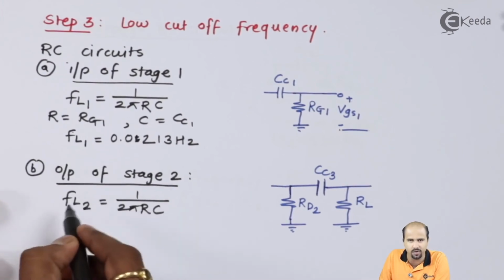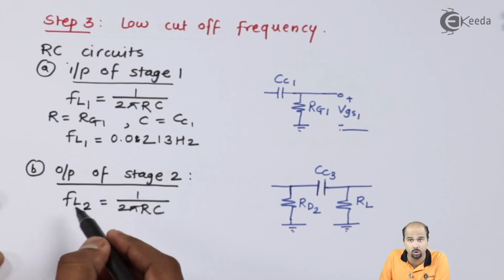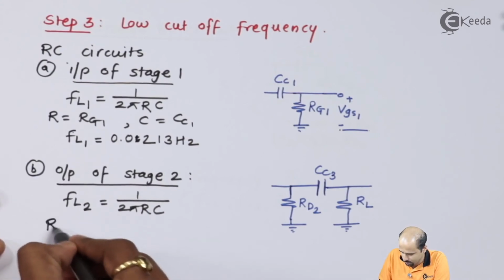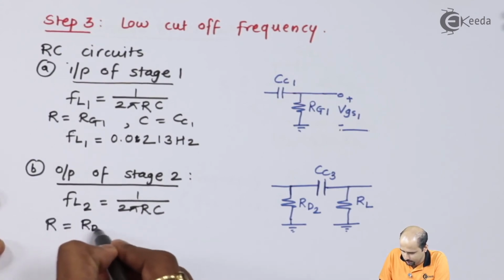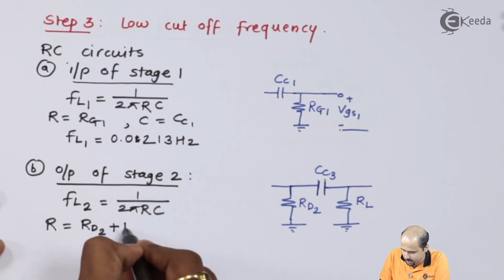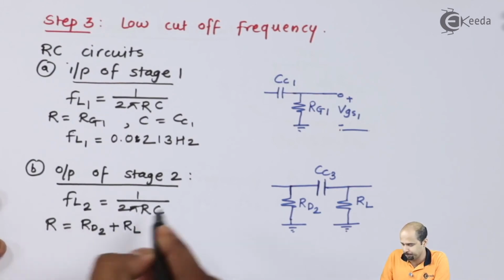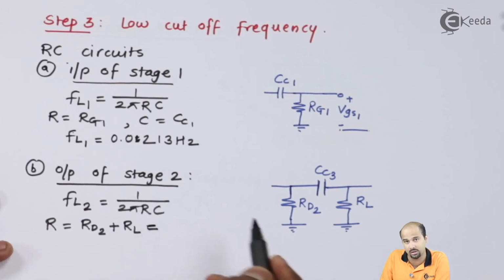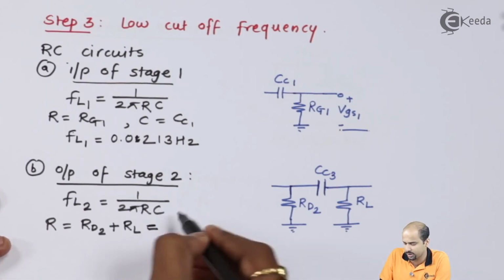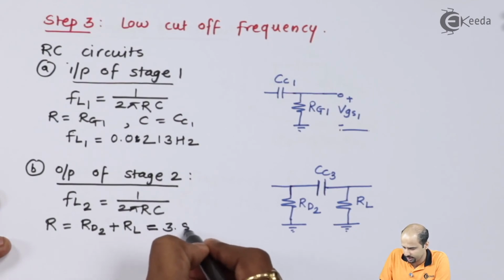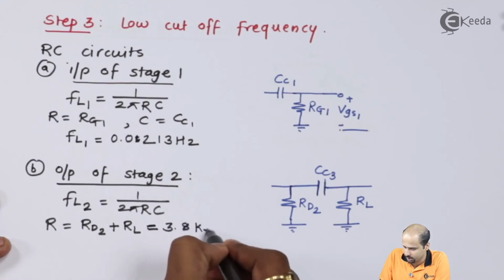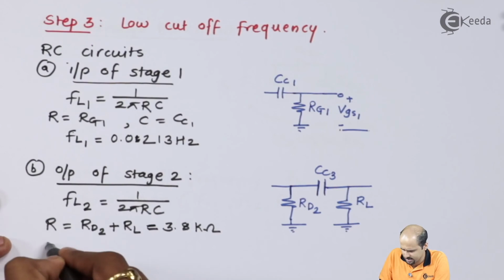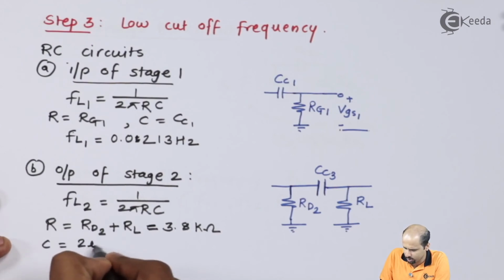So here the value of RL is given as 2 kilo ohm. So here R is equal to RD2 plus RL, that is 1.8 plus 2, that is your 3.8.